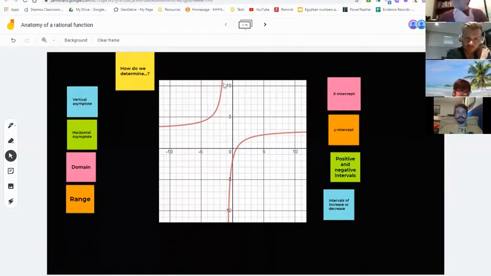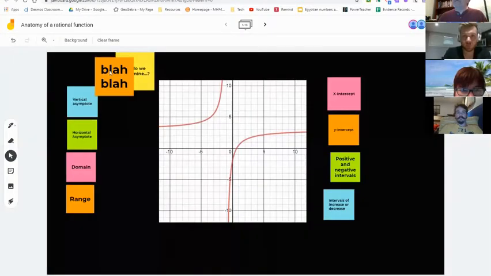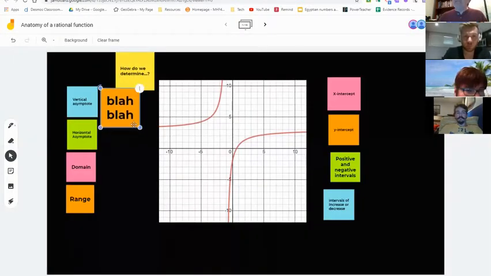Feel free to sketch them, of course. How do you determine the horizontal asymptote? You can put me a little sticky and say how you do that. You can come here and say, this is how we do the vertical asymptote or the horizontal asymptote.